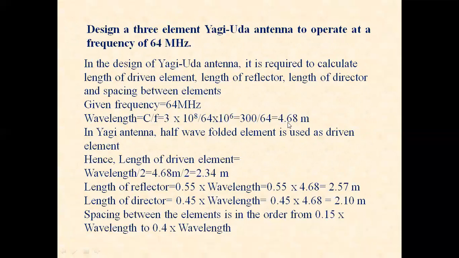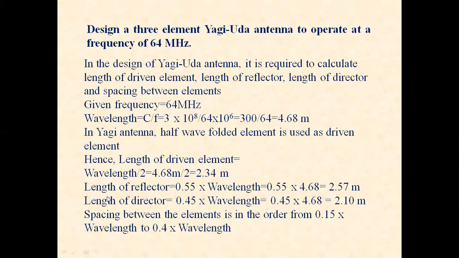We are getting it as 4.68 meters. This is lambda. In the Yagi antenna, a half-wave folded element is used as the driven element. Hence, the length of the driven element is lambda by 2, which is 4.68 divided by 2. 2.34 meters is the length of the driven element.